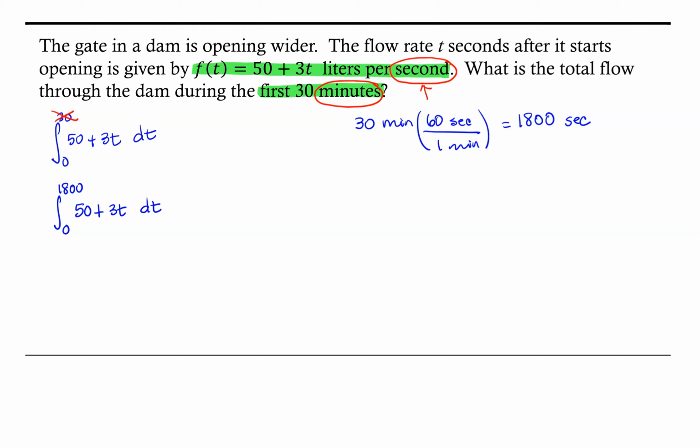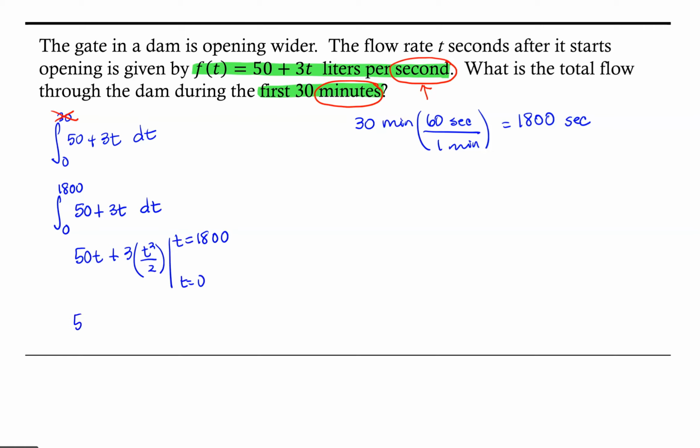Integrating this term by term, we'd have our antiderivative being 50t plus 3 times t squared over 2, evaluated from t equals 0 to t equals 1,800.